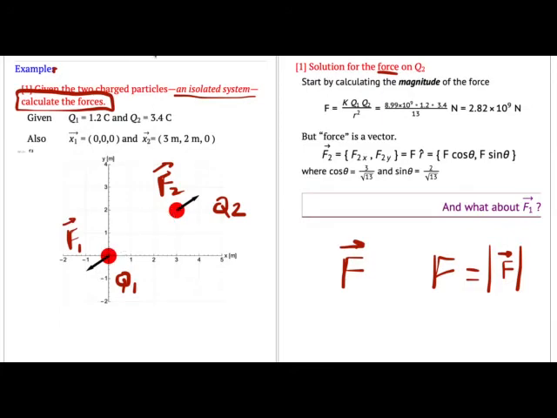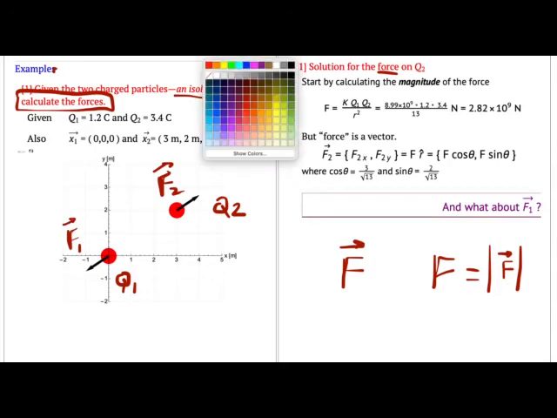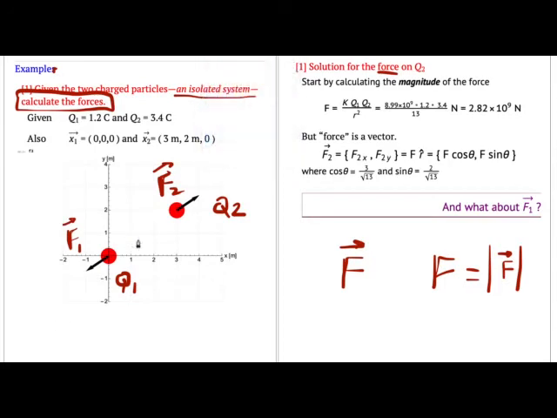So let's put in a different color here. This is R, between the centers of the two spheres. What's R?